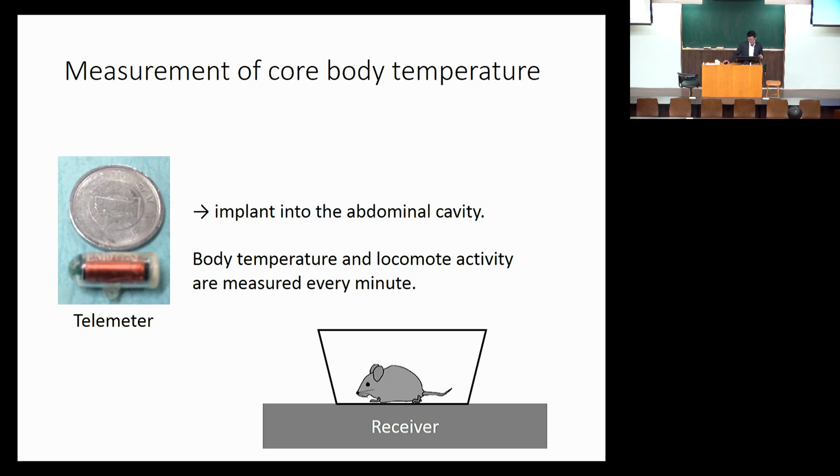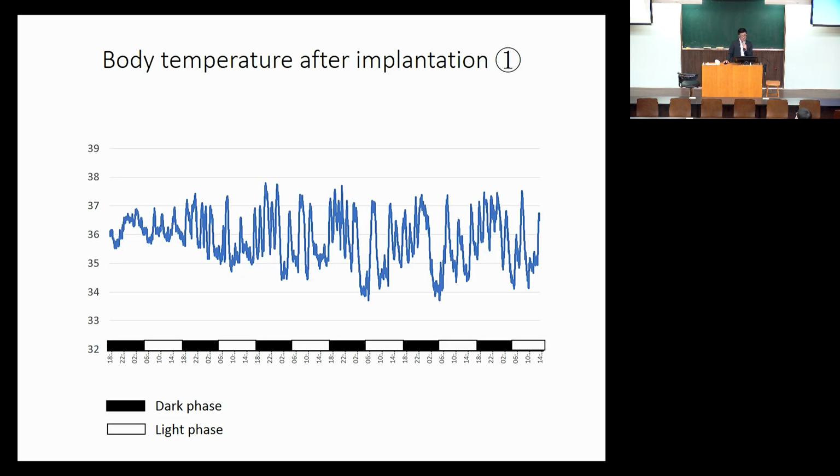This is the telemeter I implanted into the mouse body, and you can see it's very small. Oh, sorry, it's a Japanese coin, so you don't know how small it is. If you implant this telemeter into the mouse body, you can trace the body temperature.